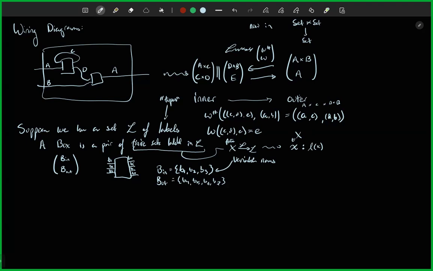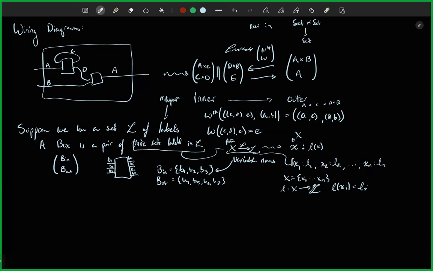And you can see that every variable has a unique type, but multiple variables can have the same type. As a note here, X doesn't really come with an ordering, but if I were to order it, I could write X1 of type L1, X2 of type L2, dot dot dot, Xn of type Ln, where X is equal to X1 dot dot dot Xn, and L from X to L is defined by L of Xi is equal to Li.